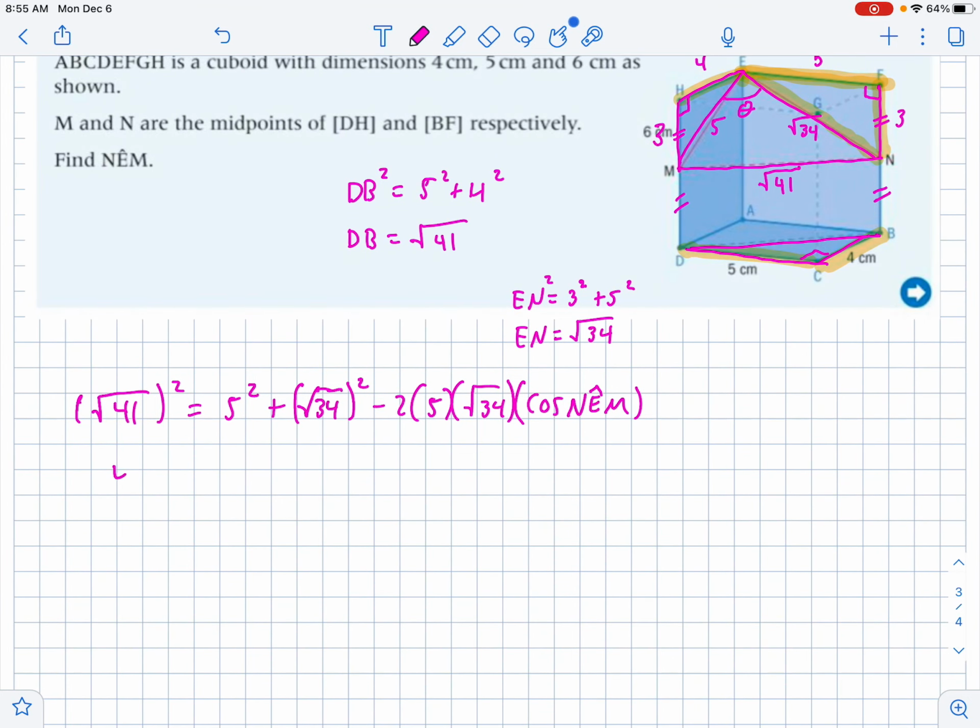All right, let's do a whole bunch of cleanup here. Squares and square roots cancel each other out. Then, 41 take away 25 take away 34 is going to be negative 18. So I'm just subtracting these two from the opposite side. And that's equal to negative 10 root 34 cosine NEM.